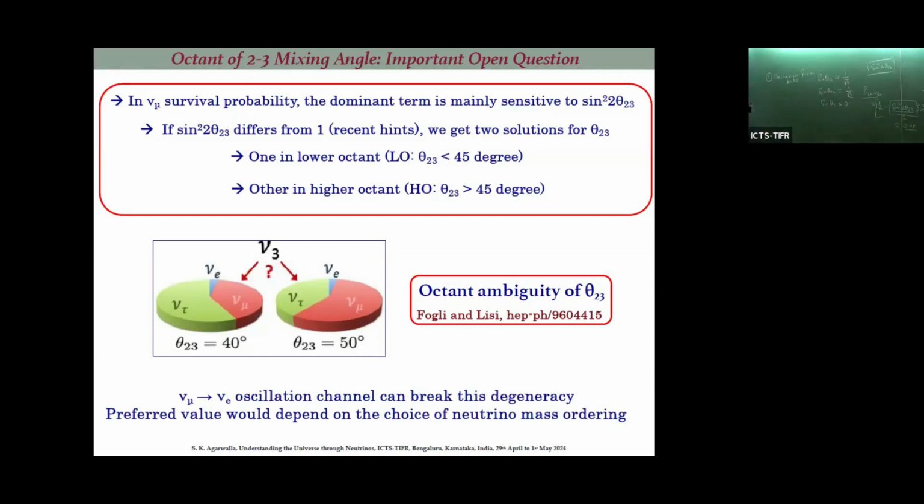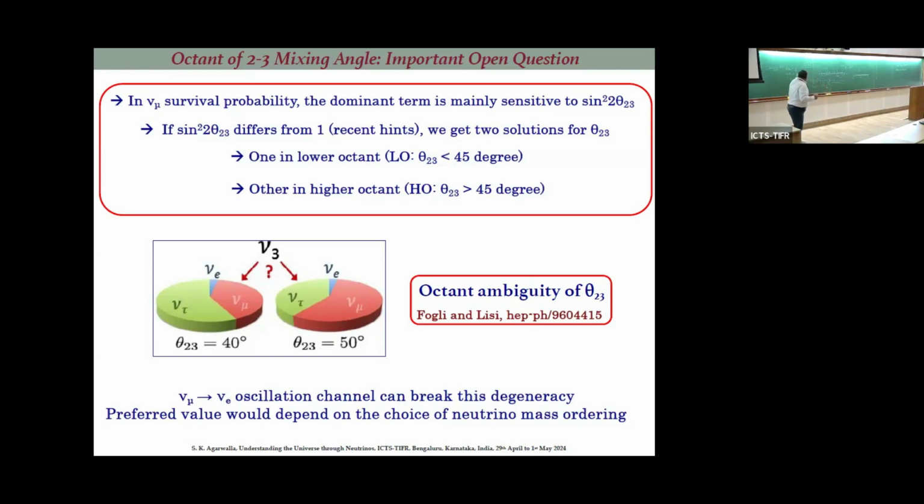You can write papers on it. You ask the question: I have the data, at what confidence level can I discard the 45 degree solution? In the literature, it is known as deviation from maximal mixing. Once you are convinced that you are deviated, immediately the question comes: in which octant? Because your data can give you two solutions, 42 and 48, 43 and 47, 44 and 46.